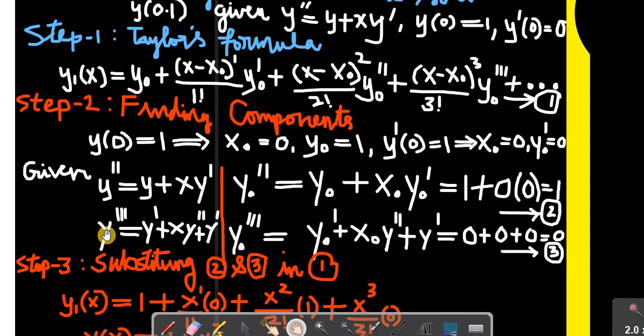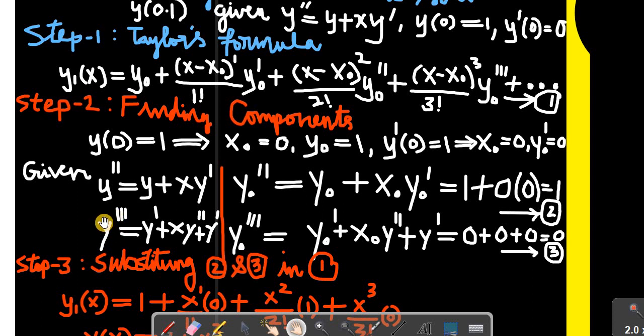Am I correct? So the second derivative of y with respect to x is y plus x y dash. Now differentiate this function one more time with respect to x, and you will get the third derivative.